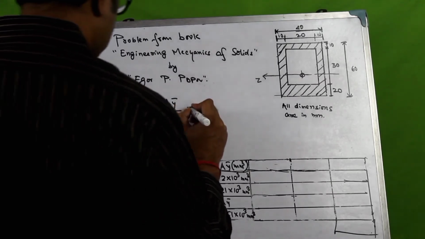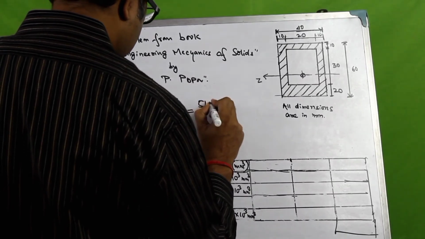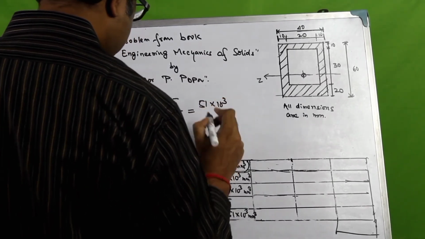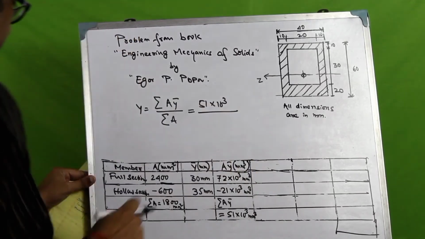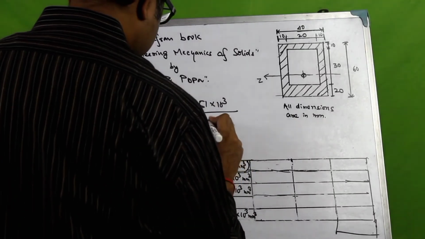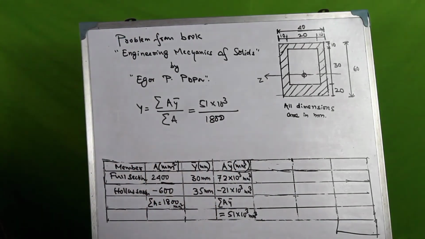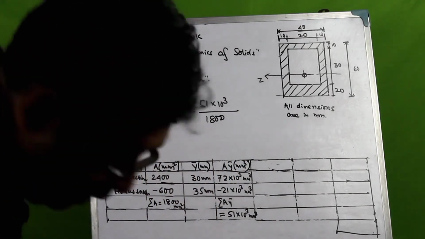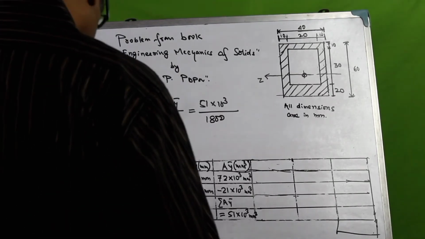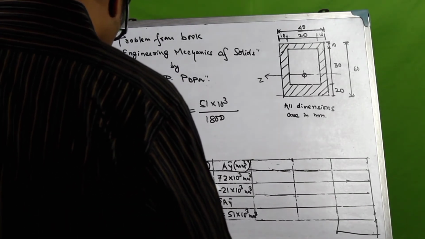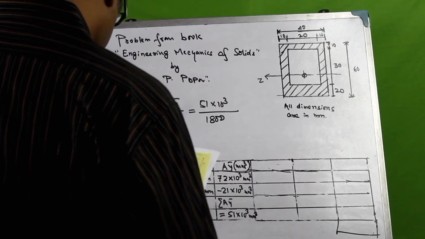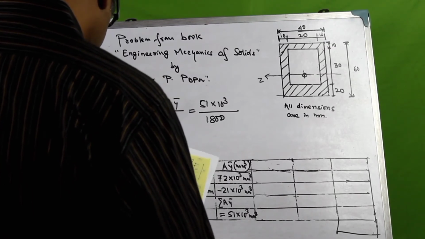So now we can write this as 51 into 10 cube millimeter cube divided by A, which is 1800 millimeter square, and if we solve this using my calculator, this would come to 51 into 1000 by 1800.